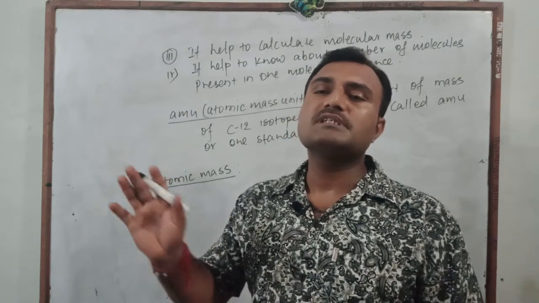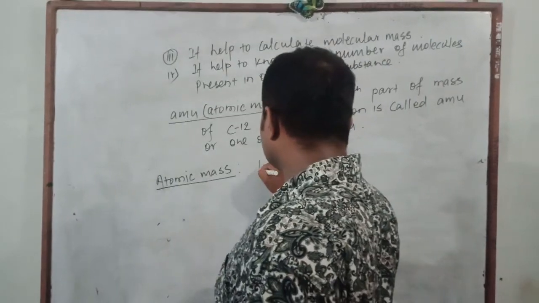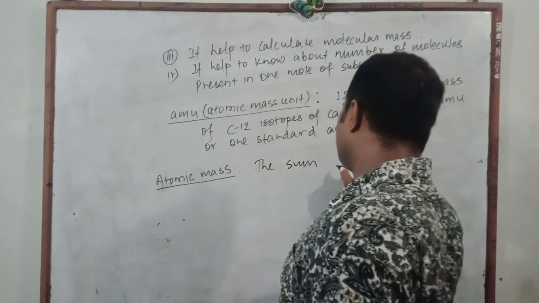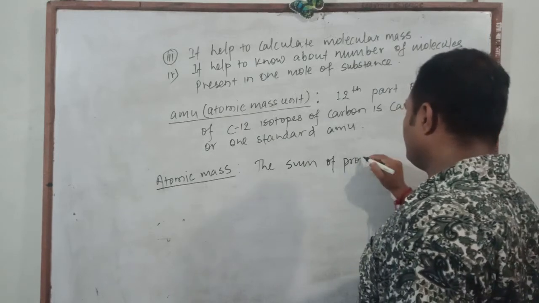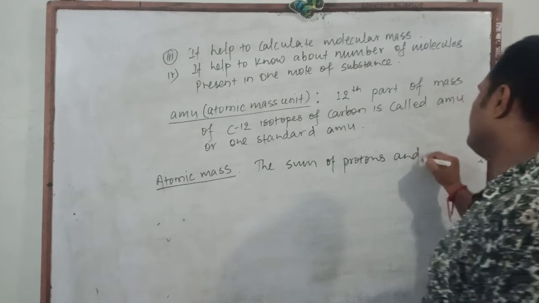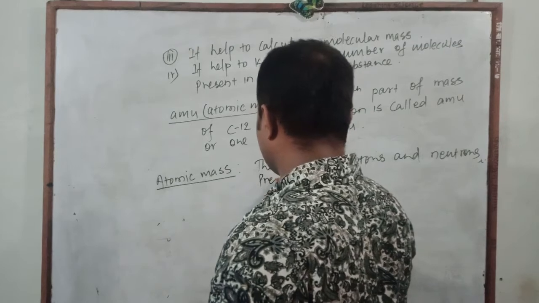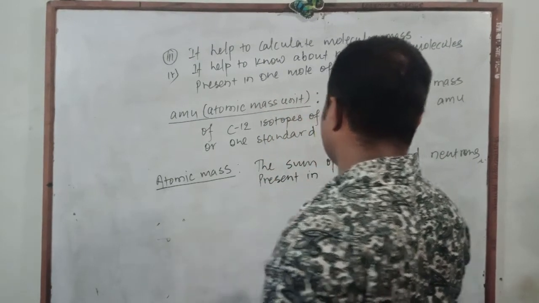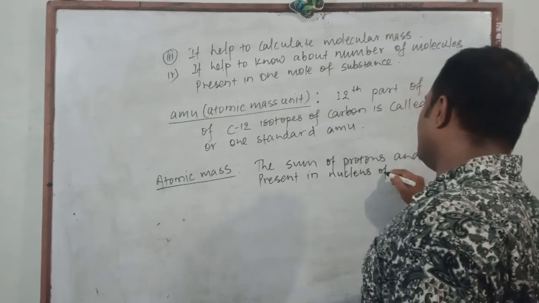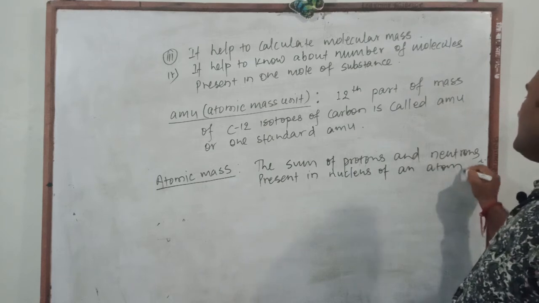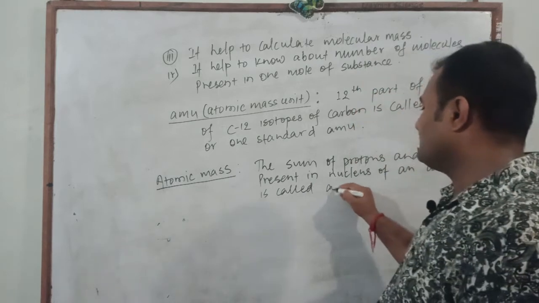Nucleus contains protons and neutrons, and therefore we define atomic mass as the sum of protons and neutrons present in nucleus of an atom is called atomic mass.